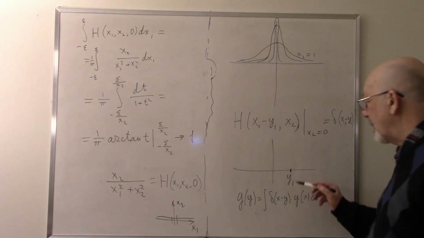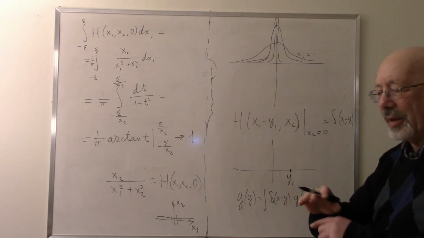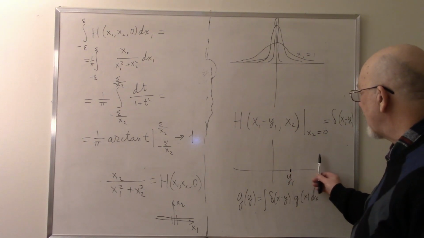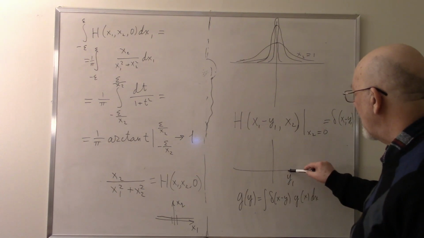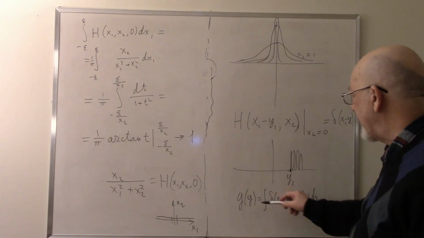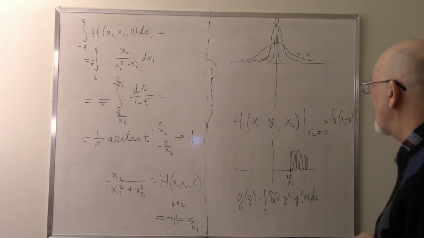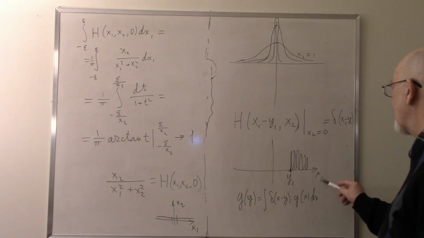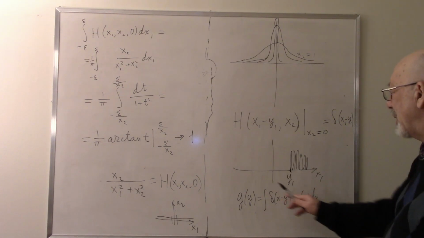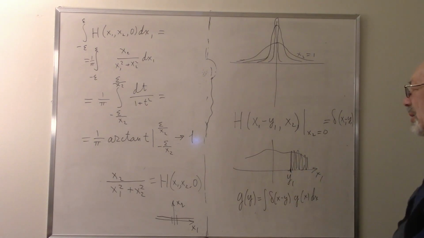So we can represent this function g as an integral of delta functions. We have many delta functions with the weight g of x, and together this integral of them gives us the function g of y.